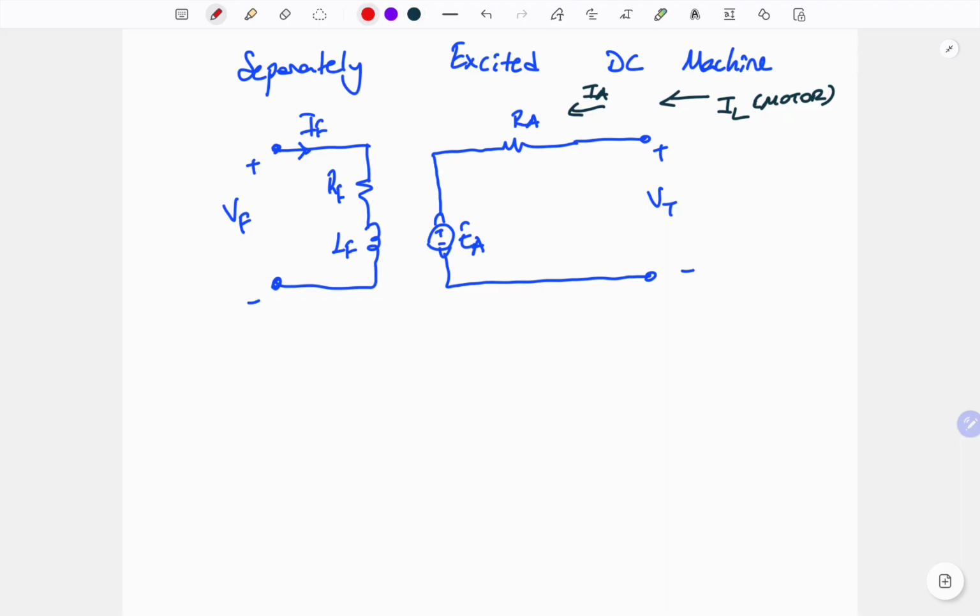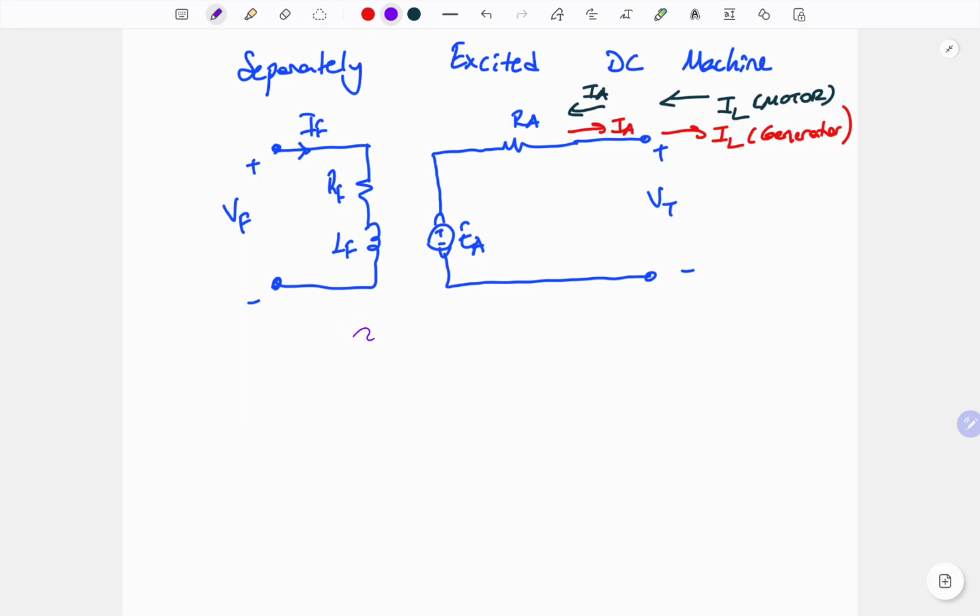But if we have a generator operation, IA and IL, which represent the armature current and the line current, must go out of the circuit, because we will take the electrical energy from the terminal part.